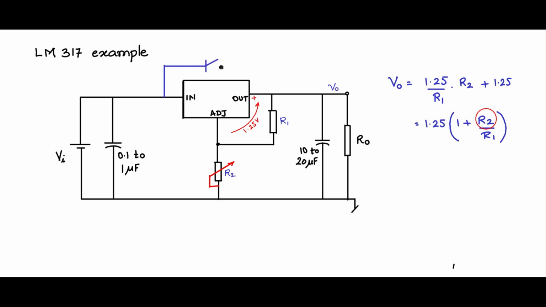Then, importantly, you have to put a protection diode like this. The protection diode doesn't come into operation normally, but it comes into operation during switch-off conditions. Let's say you switch on. When you switch on, there is some voltage here, then there is a drop across this, and then there is a voltage at V0, some set value.